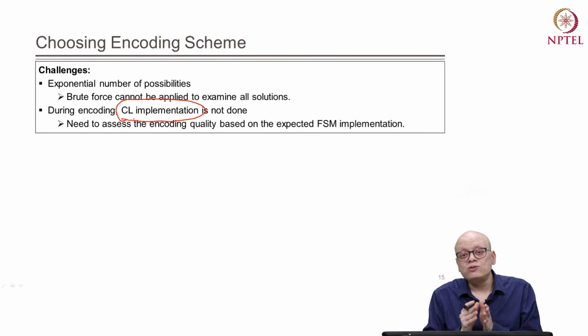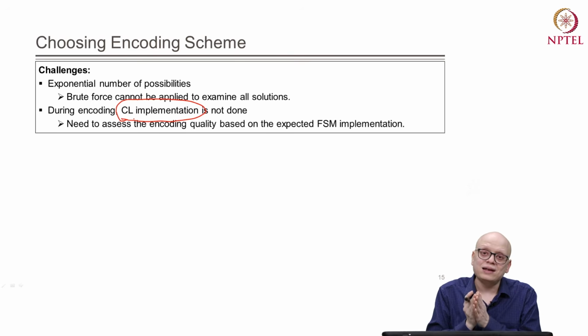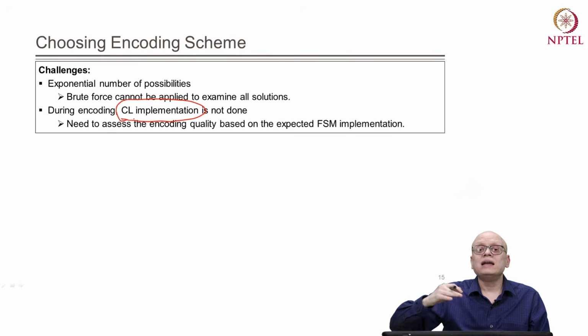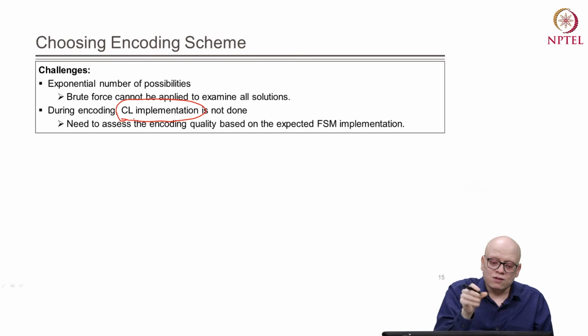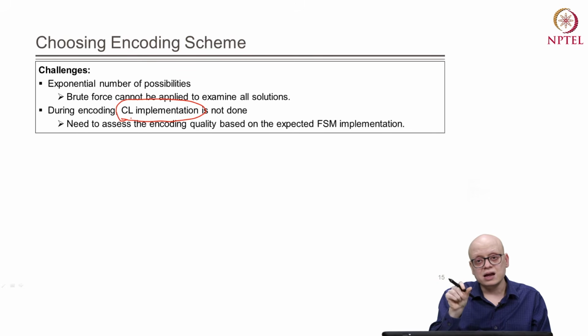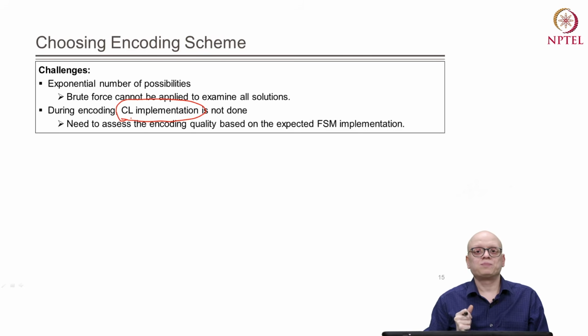So, we have to choose an encoding scheme in FSM optimization such that in future, when combinational logic optimization is done for the block CL, that is the combinational logic block implementing the next state function and the output function, that gets optimized, right.